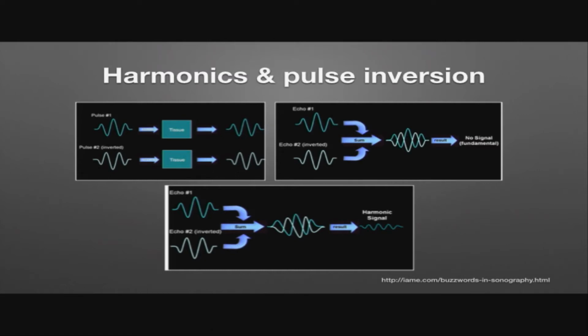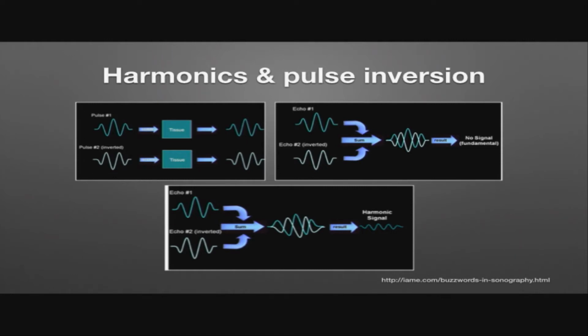If you have the second pulse, which is going to be an inverse of the first, then you add the 2 pulses together to give you that scan line. What the 2 pulses are going to do is that if they're inverted, you're going to get destruction. You're going to ignore that fundamental frequency because the 2 pulses add together and cancel each other out.